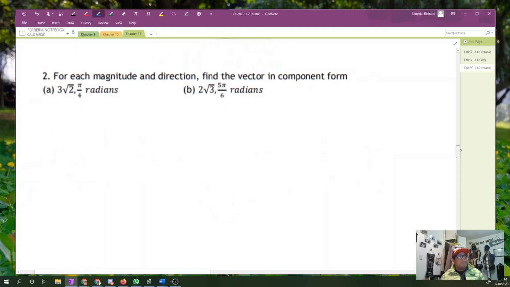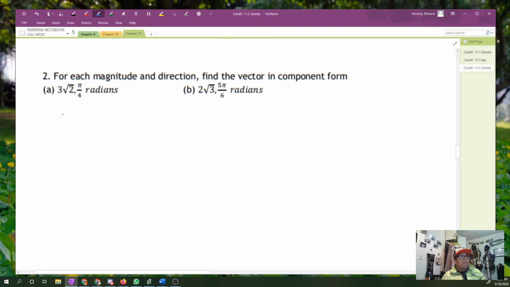Let's see what else we have. Oh, magnitude and direction. Find the vector in component form. Okay, so we didn't talk about this too much. I think I'm going to have to adjust up over at the box.